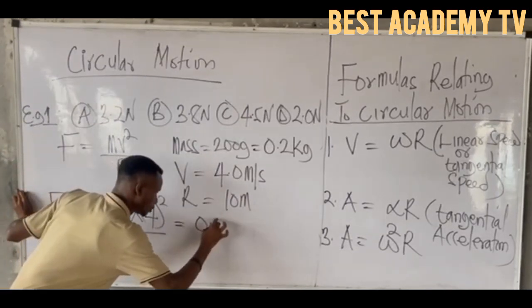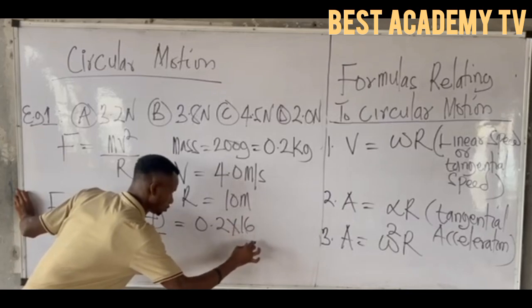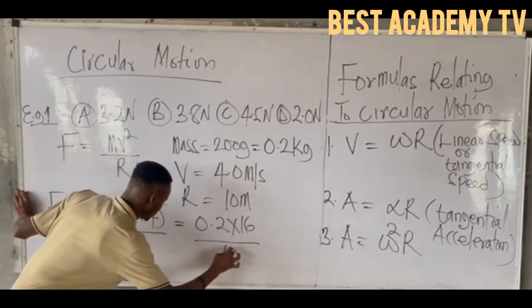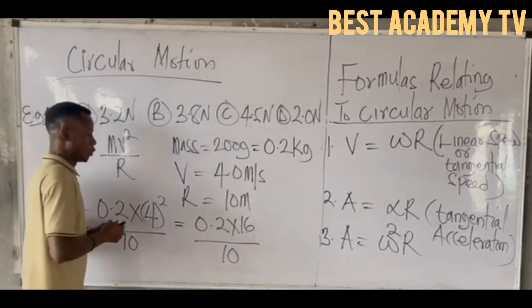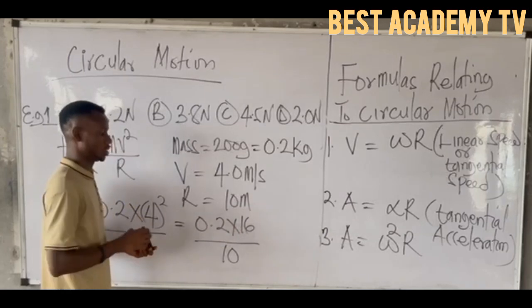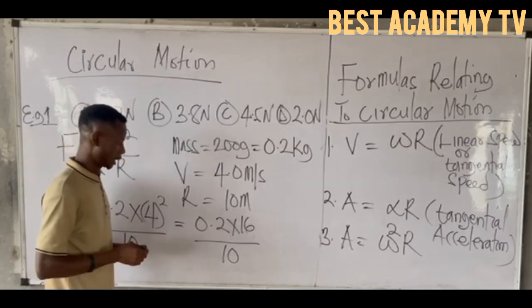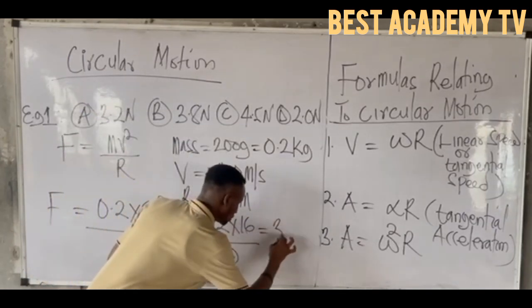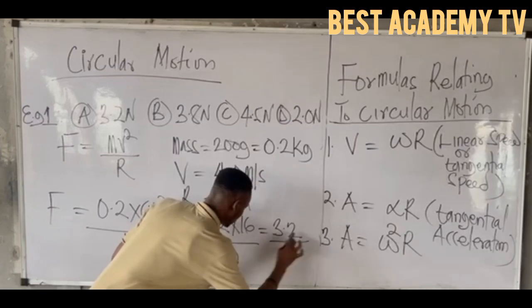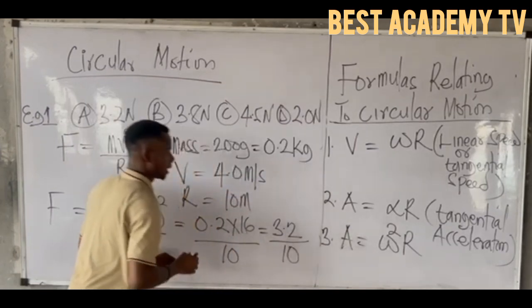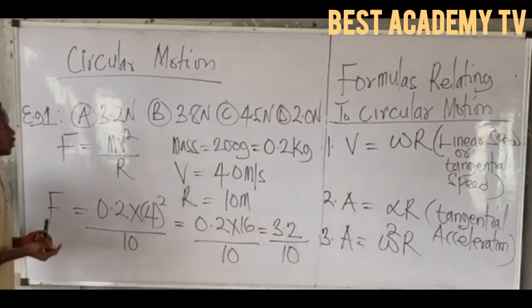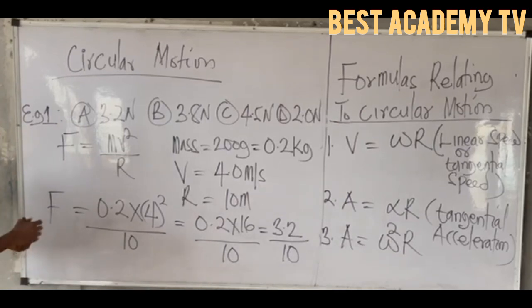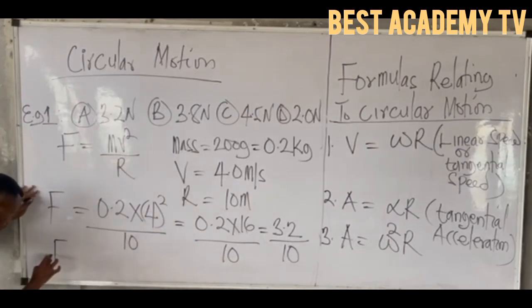That is 0.2 times 16 over 10. This will give us 3.2 over 10. Okay? Now 3.2 over 10 is going to give us 0.32. So our F here is said to be 0.32 newtons.